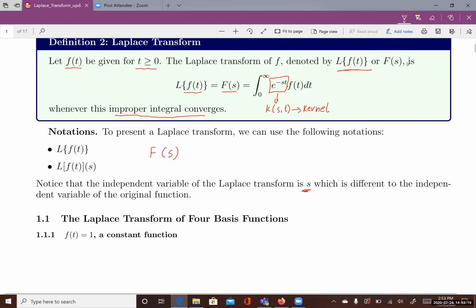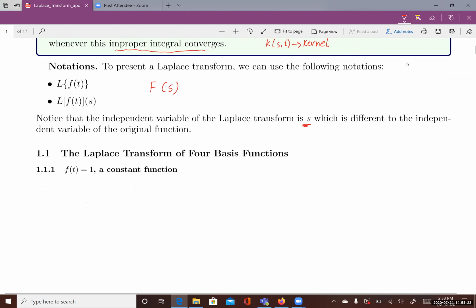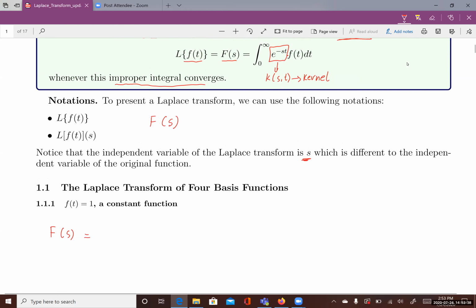Now, using the definition of the Laplace transform, first, we want to find the Laplace transform of the function f of t equals 1. So you can say big F of s, the Laplace transform, equals the integral from 0 to infinity of e to the negative st times f of t.